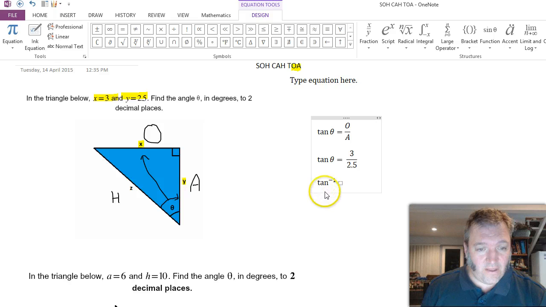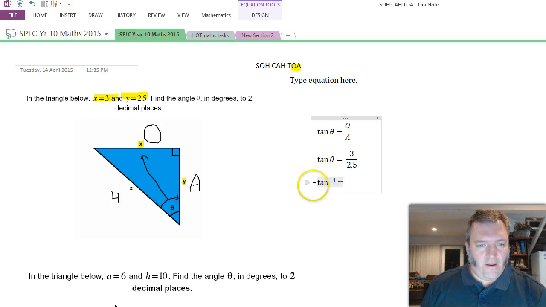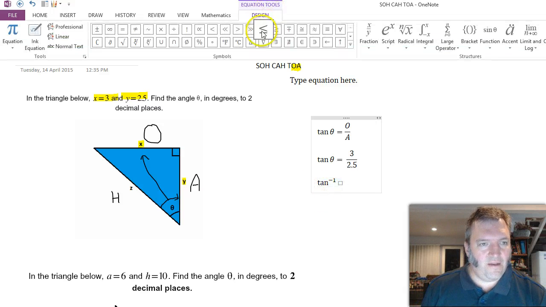If you see me write it out, I will probably write arctan, so you don't confuse this with 1 divided by tan, which is something else. It's a little bit confusing, the notation. But to get theta on its own, we need to have theta equals the arctan of that given value.